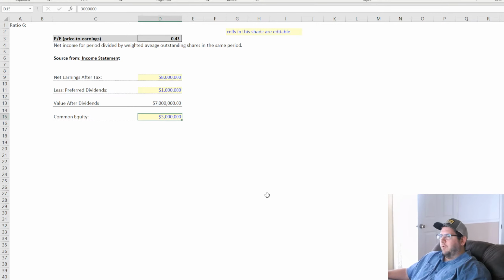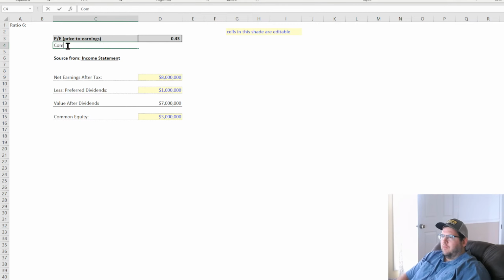Essentially, it means, okay, they put $3 million in, and their period earnings less dividends is this. Now, what does that mean? First of all, calculations: net earnings after tax less preferred, divided by common equity.